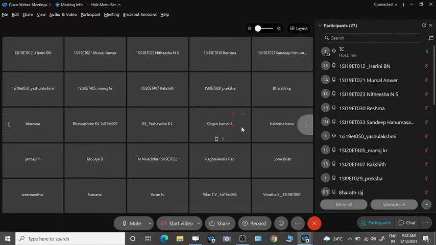Bhavyashri, Maulya, Nivedita, Varun, Sandeep.